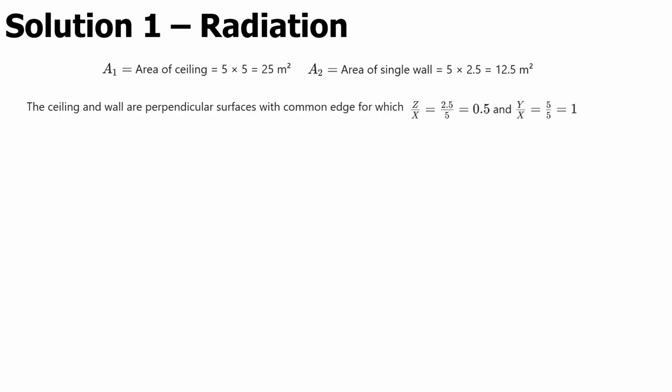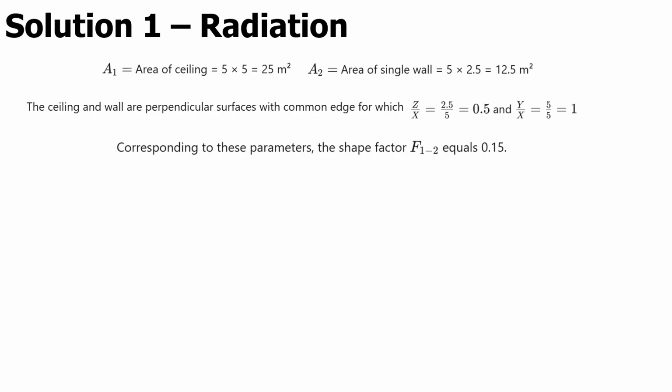The ceiling and the walls are perpendicular surfaces with a common edge. So to find the view factor, we calculate the ratios z over x and y over x. The corresponding value from standard charts and tables for perpendicular surfaces with a common edge is found to be 0.15.